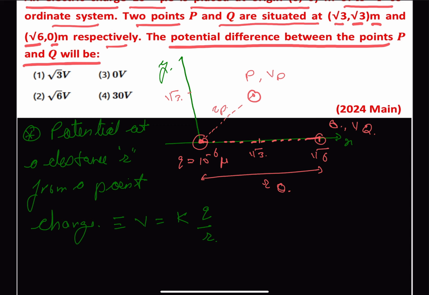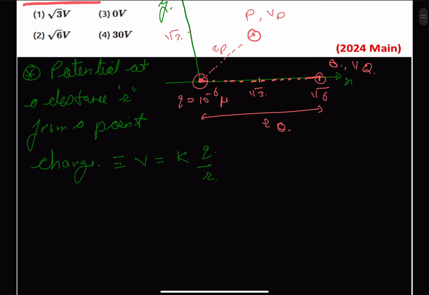And the charge Q we already know, we need to find out the value of r. And we have 2 points P and Q. So let's find out the distance of the origin, because the charge Q is located at the origin, from point P as well as from point Q.